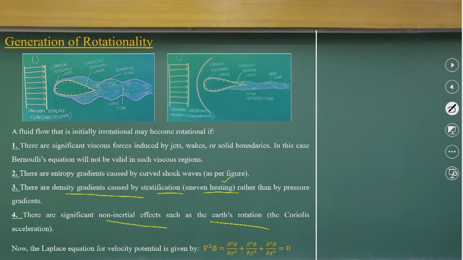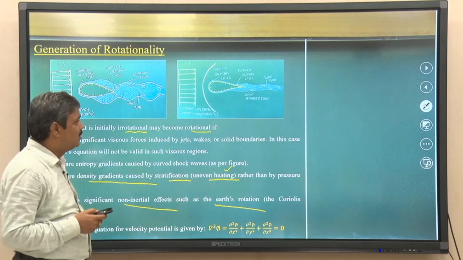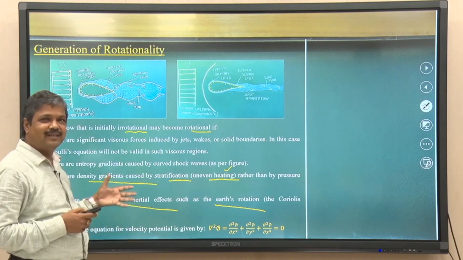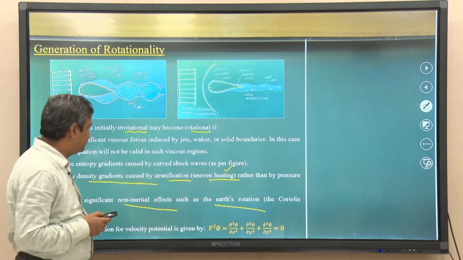So these 4 conditions are necessary to change a flow field from initially irrotational to rotational. This is equivalent to Newton's first law of motion, which talks about object motion; here we talk about fluid conditions changing from irrotational to rotational field.